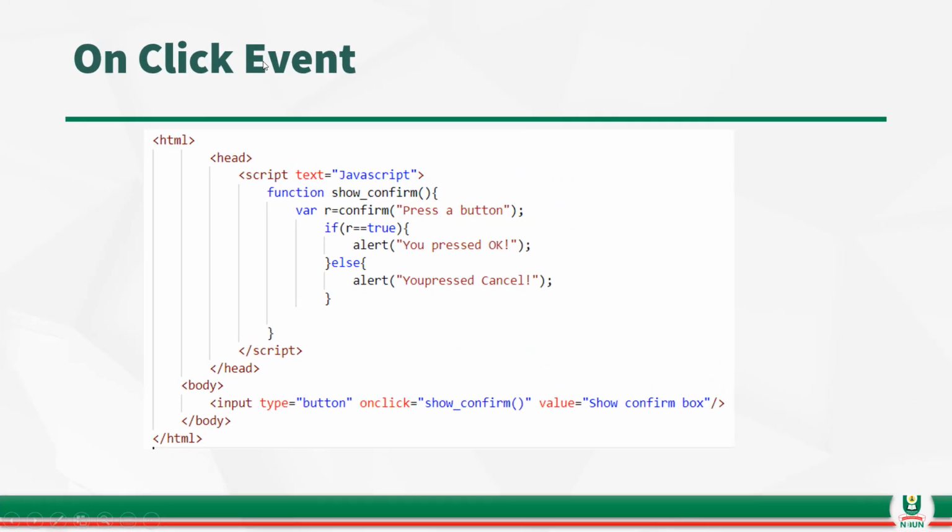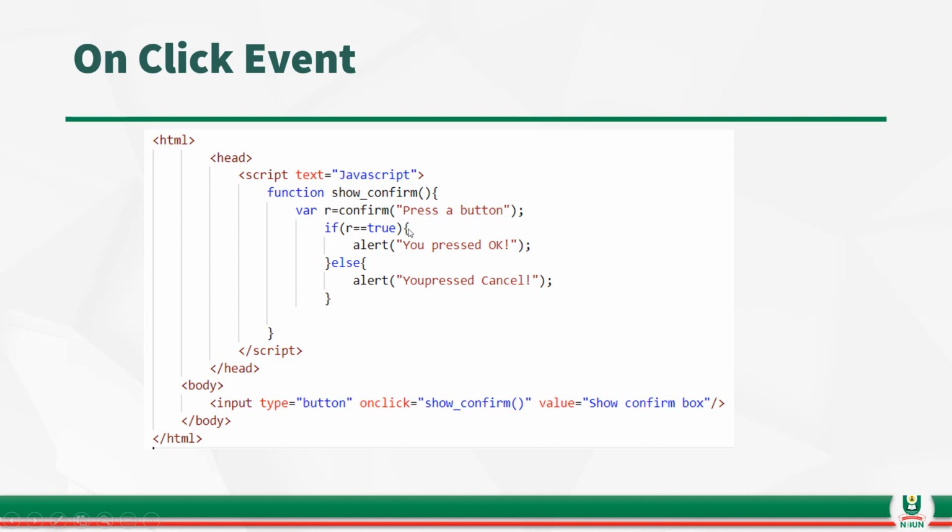Now this is a small code showing us how to use the onClick event. I have here a small code that declares a function called showConfirm. This is the function name. After declaring the function, a variable r is declared, and we're using a confirm function that asks you to press a button.